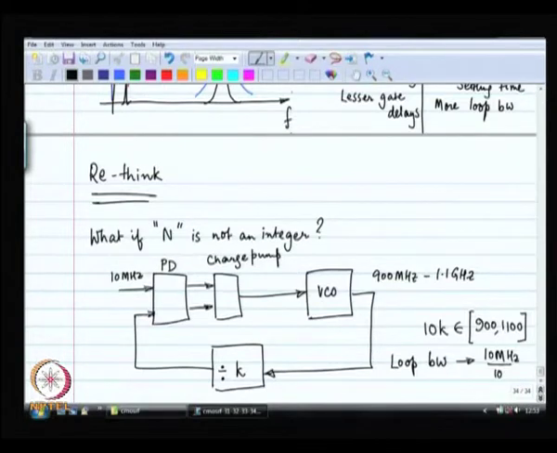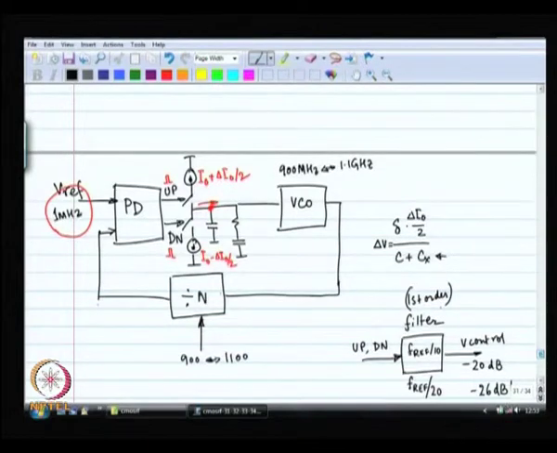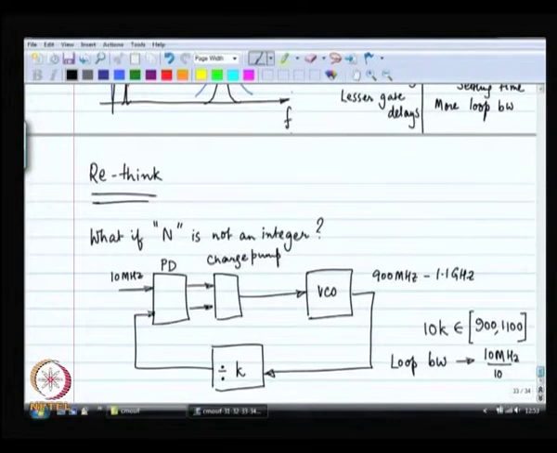Earlier my loop bandwidth was a fraction of 1 megahertz. In this case, I have managed to increase my loop bandwidth 10 times. Isn't that nice?